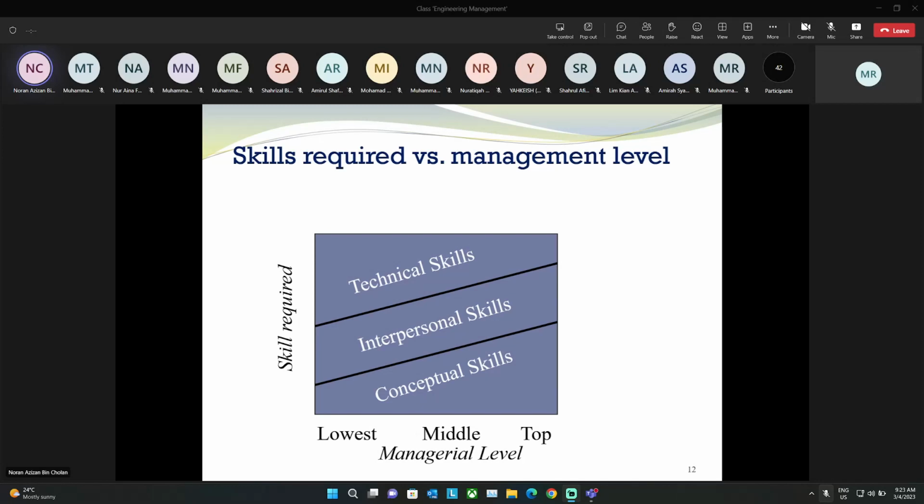The engineer requires more of the technical and interpersonal. Interpersonal is also a high proportion because of dealing with people. But as you go to the top manager, the technical skills required are less.